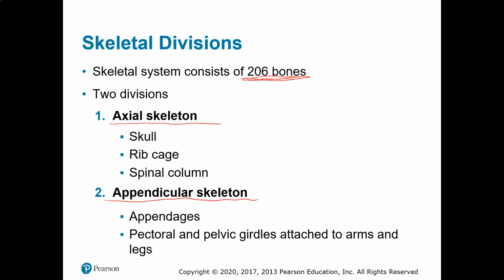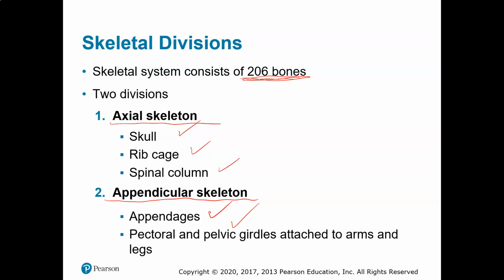The axial skeleton contains the skull, the rib cage, and the spinal column, the vertebrae. The appendicular skeleton is the appendages, the upper and lower limbs, and the pectoral and pelvic girdles. Remember, the pelvic girdle is your pelvic bones, the ilium, the ischium, and the pubic bone, and the pectoral girdle is formed by the collarbone and the shoulder blade.